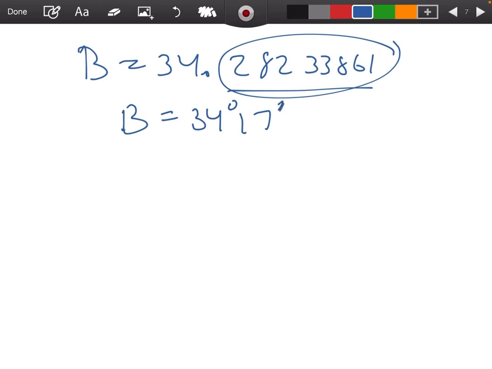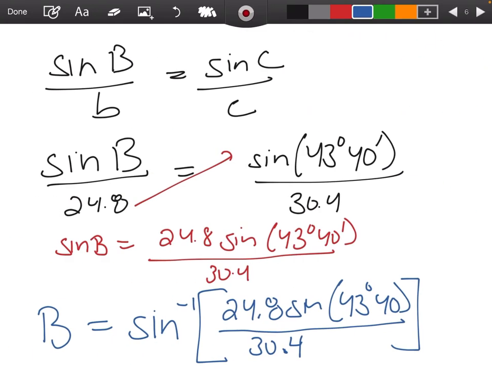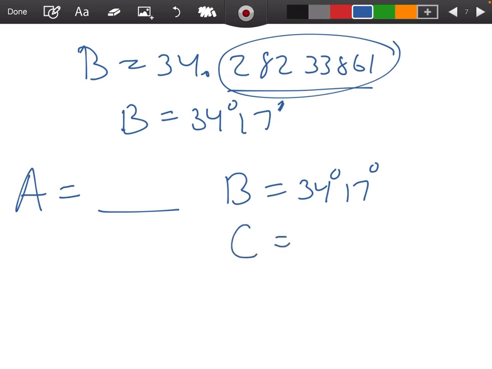Now let's see if we can find our value for A. We know that B is 34 degrees, 17 minutes, and that C was 43 degrees and 40 minutes. If we wanted to figure out what A was, we could add those together. That looks like 77 degrees and 57 minutes, and I need to subtract that from 180.